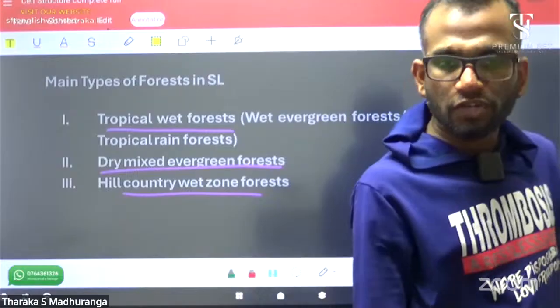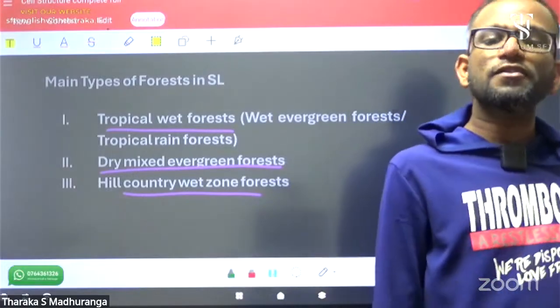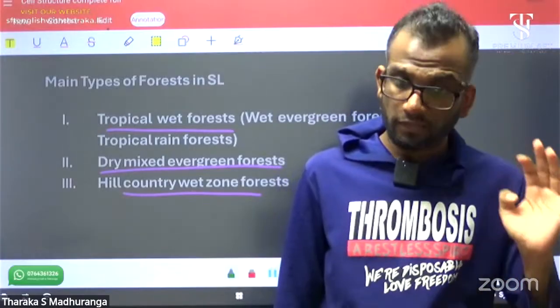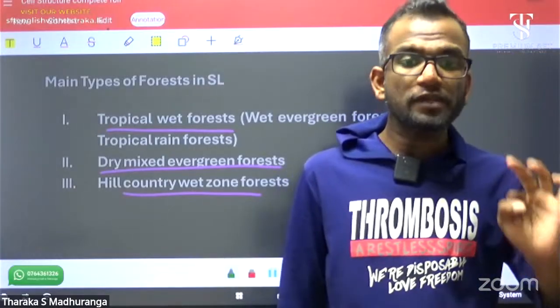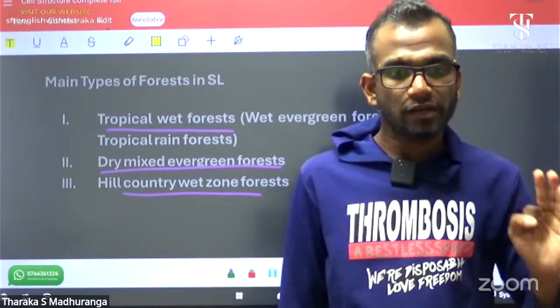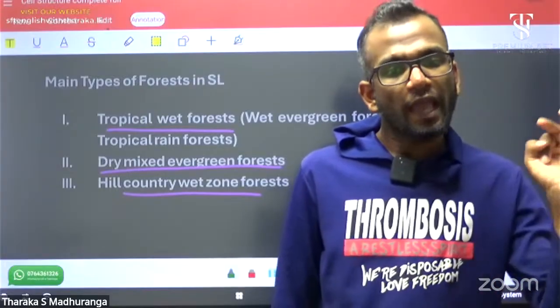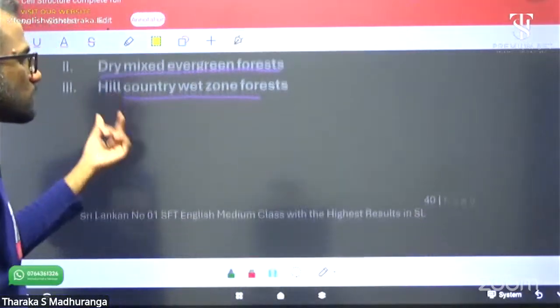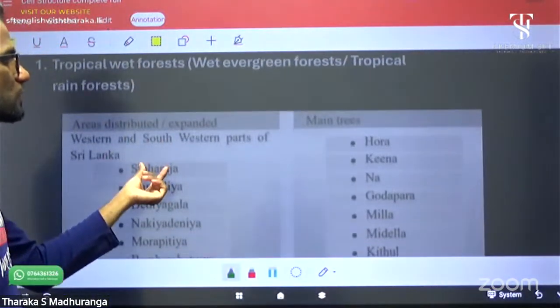Okay, what are the main three types of forest? Tropical wet evergreen forest like Sinharaja and Kanneliya, dry mixed evergreen forest, and hill country wet zone forest.